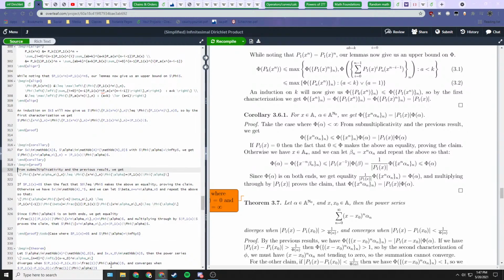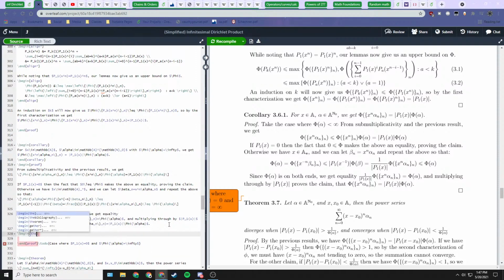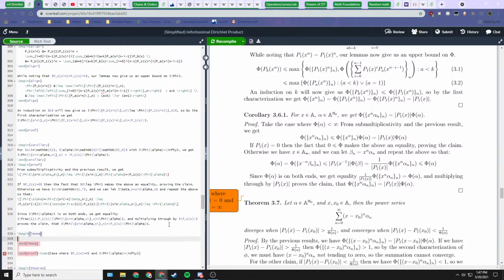Okay, so let's actually just prove that. So we'll do another lemma. Oops, this belongs up there. I accidentally separated them.